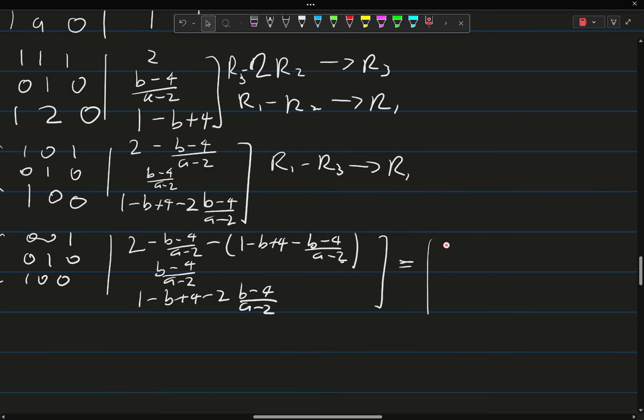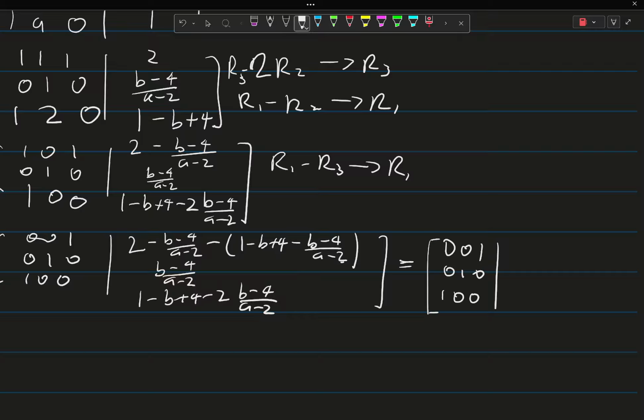So 0, 0, 1, 0, 1, 0, 1, 0, 0, and it's going to be 1 plus b minus 4, plus b minus 4, and we have 1 minus b plus 4 minus 2.